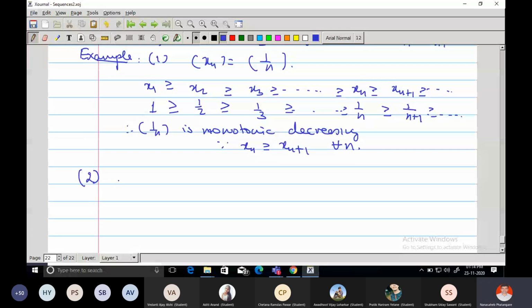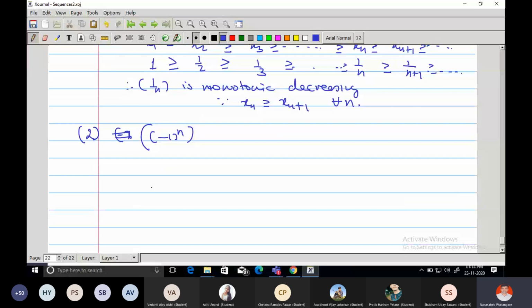Now, if you look at the sequence minus 1 raised to n, is it monotonic decreasing? No, sir. So minus 1, 1.